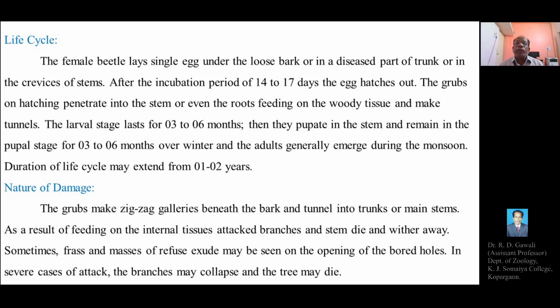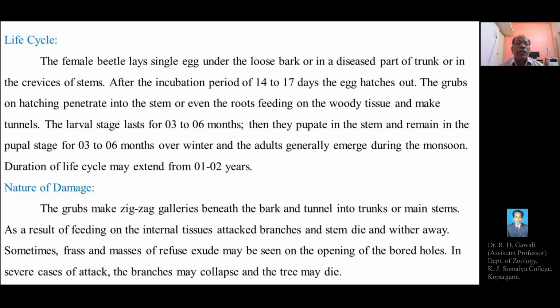After an incubation period of 14 to 17 days, the eggs hatch out into a larva called a grub. The grubs on hatching penetrate into the stem or even the roots, feeding on the woody tissue and make tunnels, or prepare burrows and pass inward.